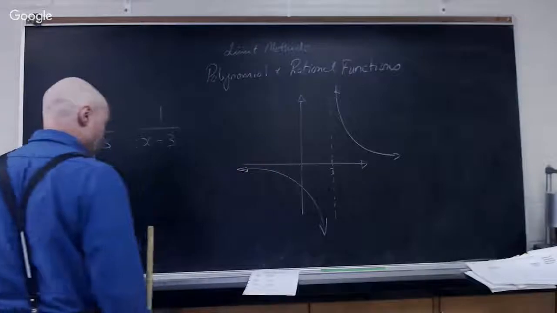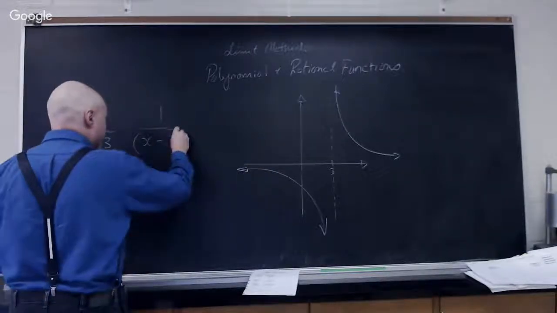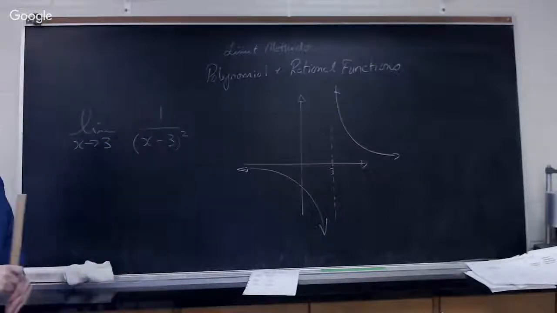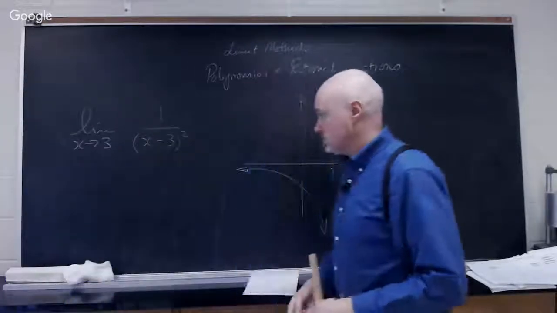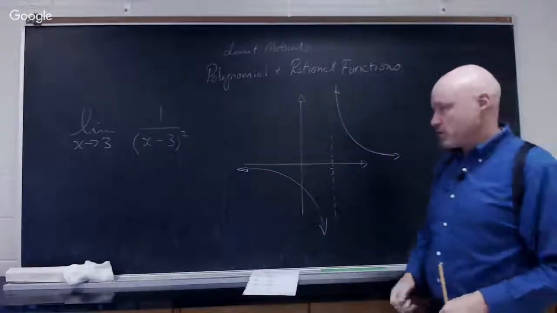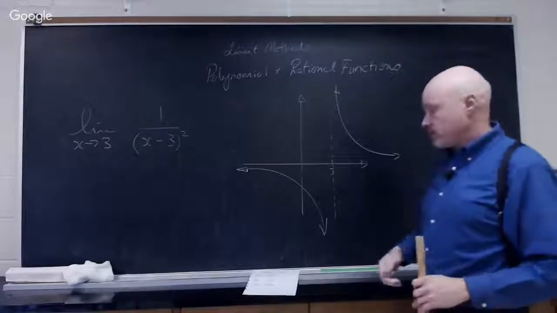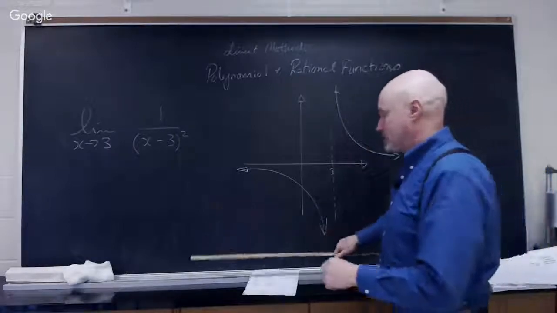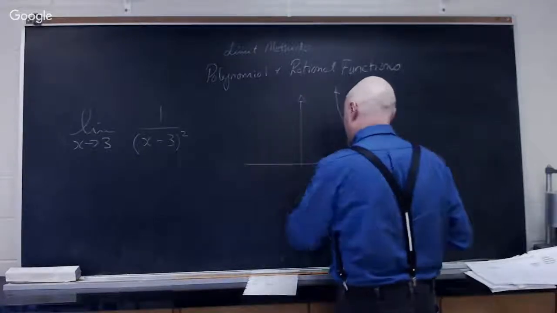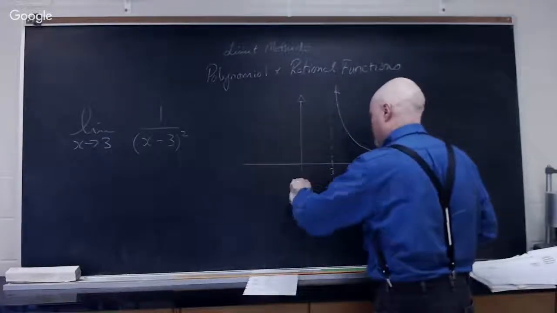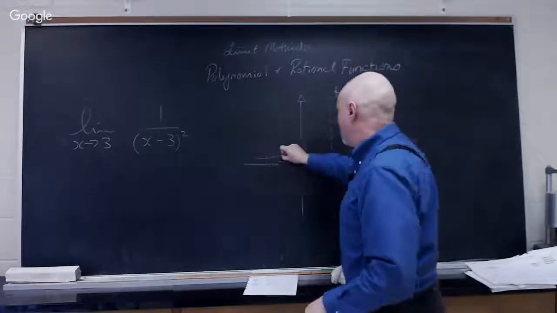All right, let's fix this. Let's make this squared on the bottom. Okay, so same, we're going to approach 3. We have an x minus 3 squared on the bottom instead of an x minus 3. And this looks a lot the same, except you'll notice, of course, this would be a little bit steeper.